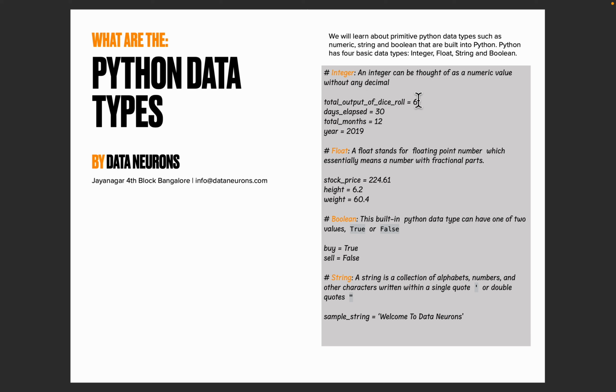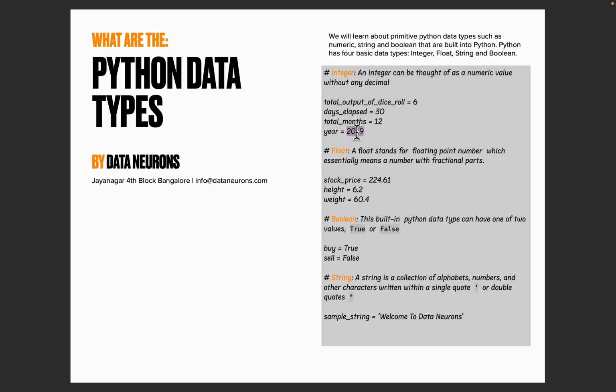Integers are basically referred to as numbers but without decimals, in the sense you don't have any point or fraction part, you just have the whole number. For example, days elapsed 30, total months 12. Looking at the naming conventions, total months cannot be 12.5, right?